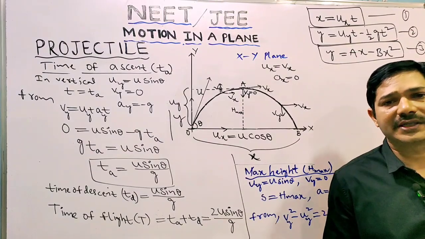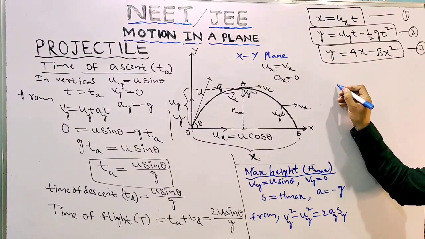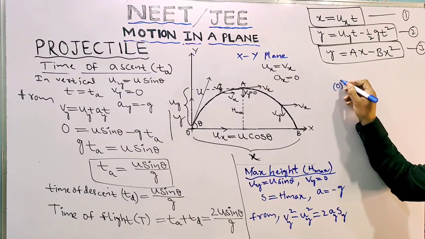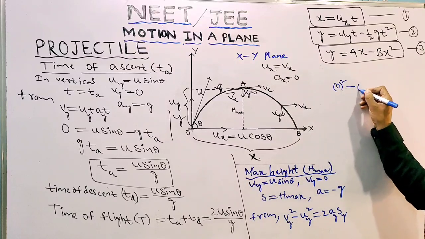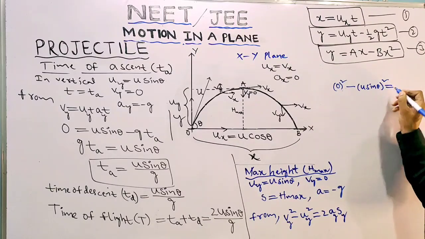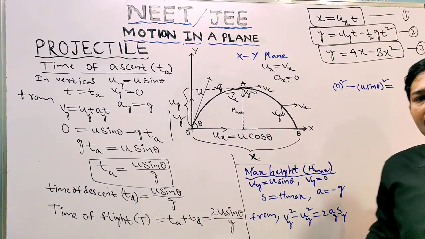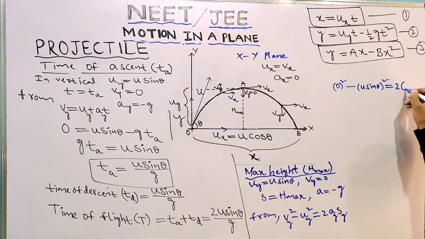Substitute: vy is 0, so 0 square, and uy is u sin theta, whole square. So minus (u sin theta) whole square is equal to 2as, where a is minus g and s is h max.